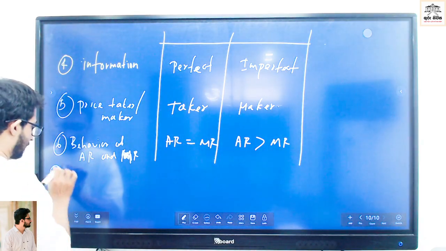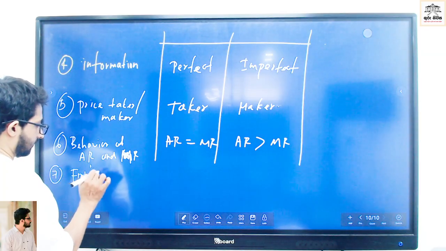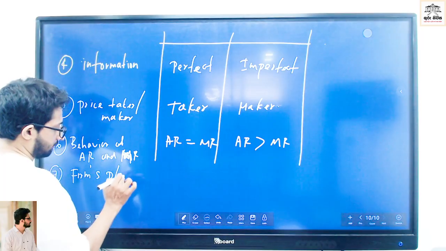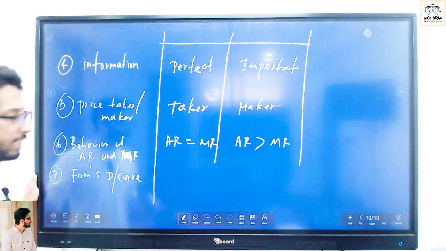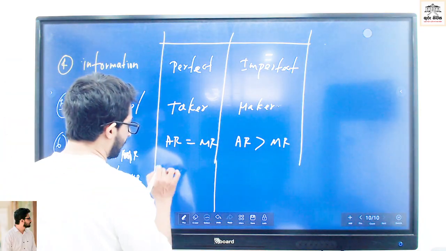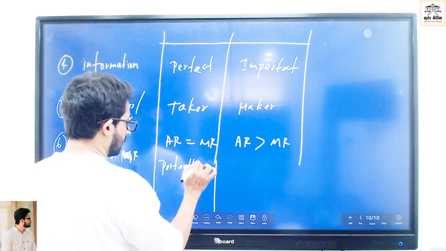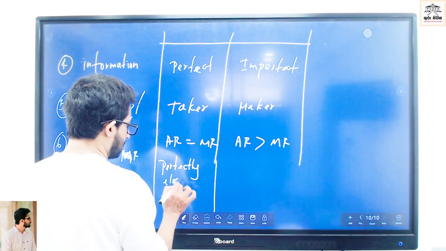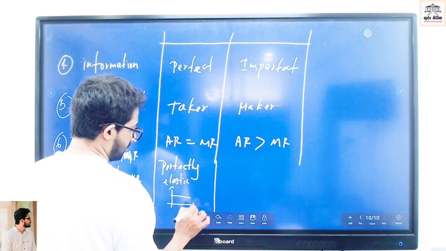Then you can say something about the firm's demand curve. In the perfectly competitive market, it is perfectly elastic. Can you remember this shape?